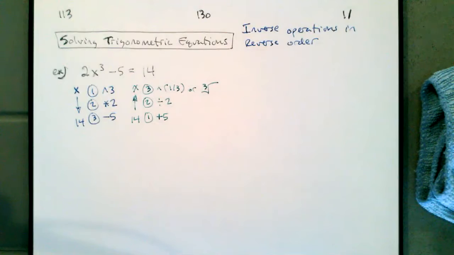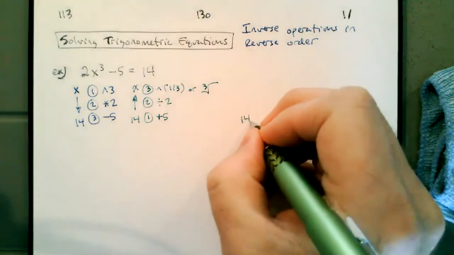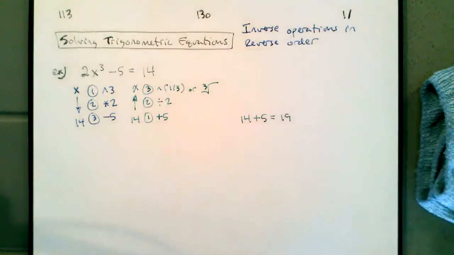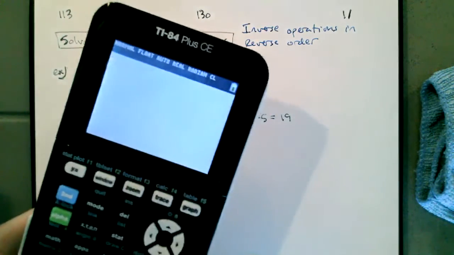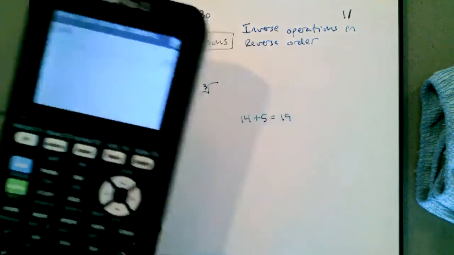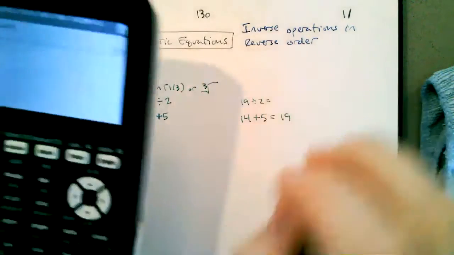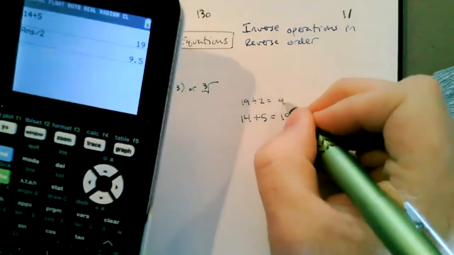So then to solve, we just need to start with the 14 and perform these operations. 14 plus 5 is a 19. And I'm going to do this on the calculator because I see that there's a cube root coming up. So 14 plus 5 is 19. And then we'll do 19 divided by 2 is 9.5.